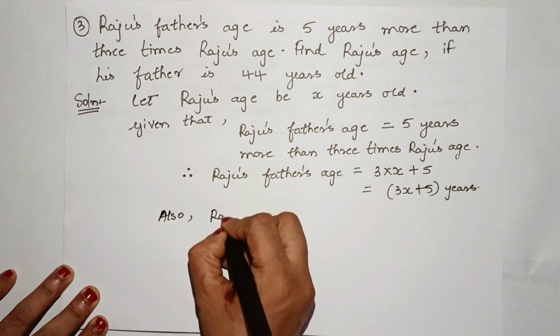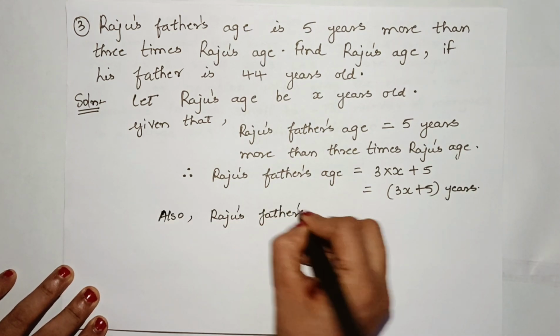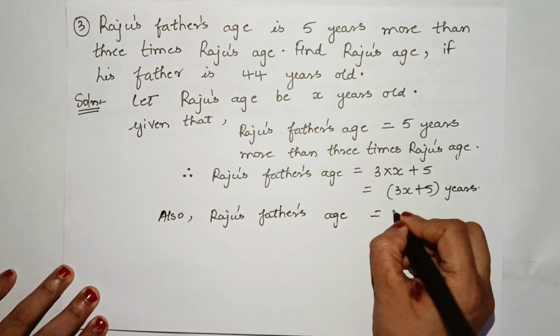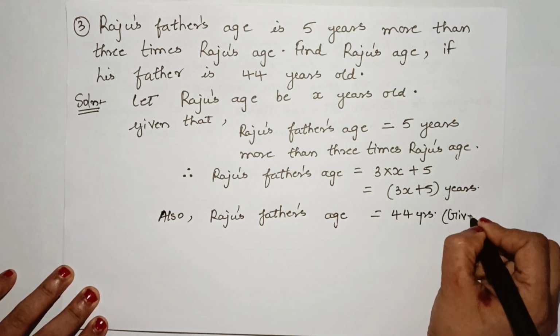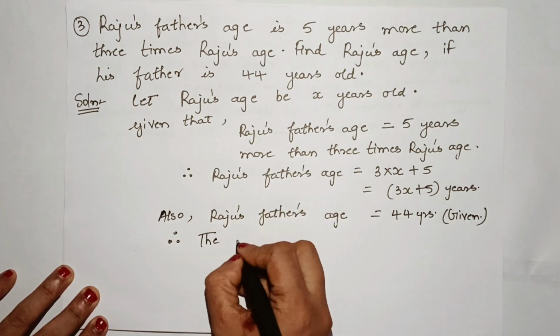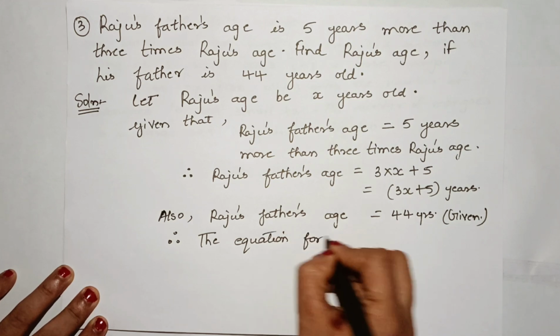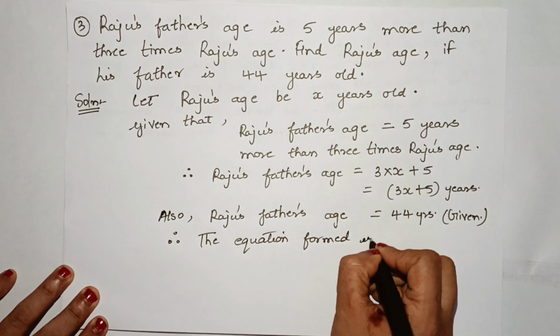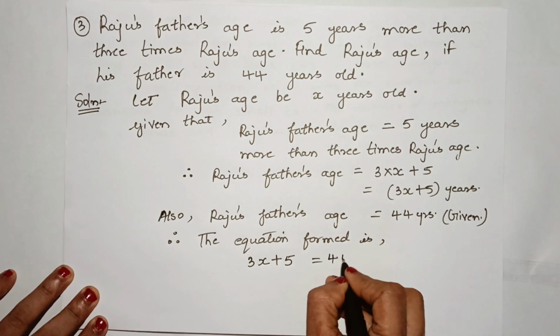Okay. What is Raju's father's exact age they have given? Father's age equals what? 44 years, which is given. Are you understanding? Therefore, the equation formed is 3x plus 5 equals 44.